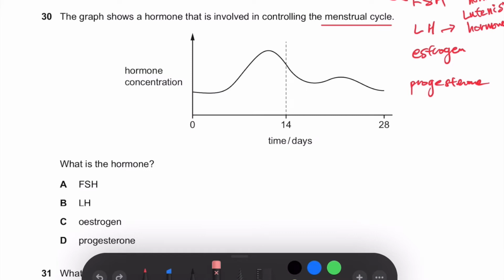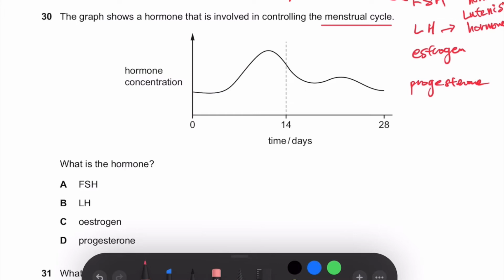the follicle cells. So, even though I just drew one cell like this, it's actually a cluster of follicle cells. Inside the cluster of follicle cells, there is an egg inside.